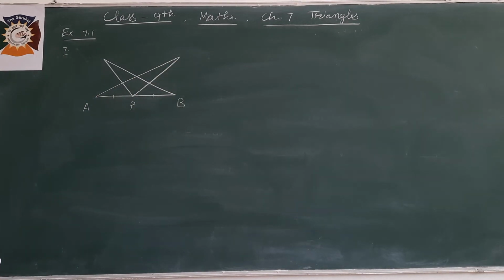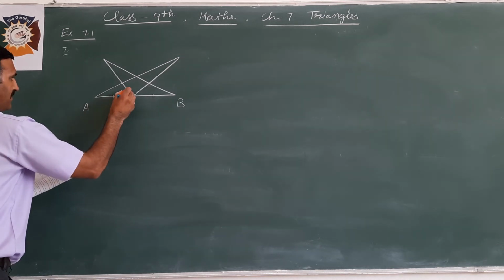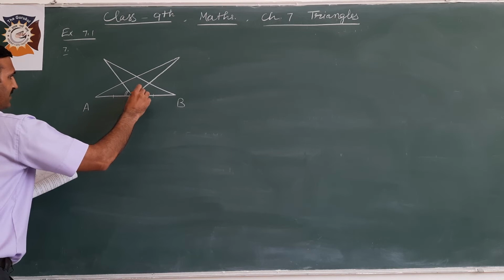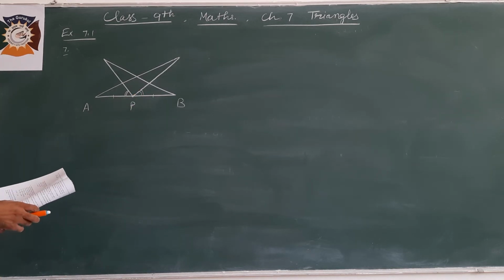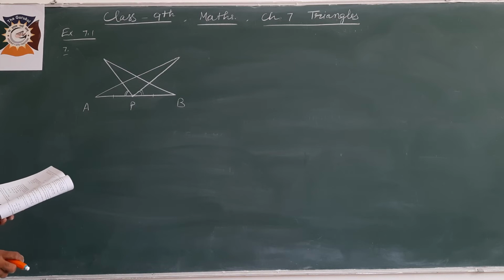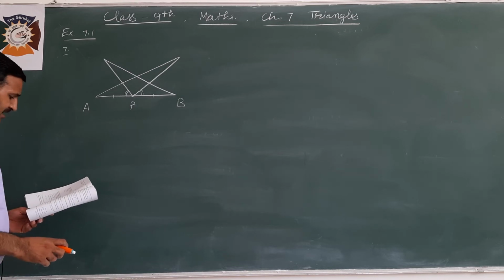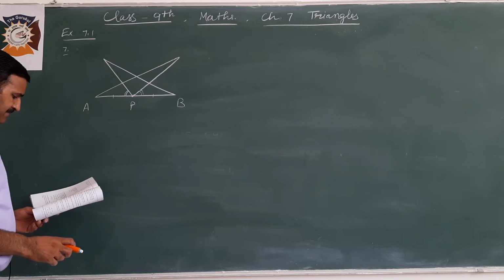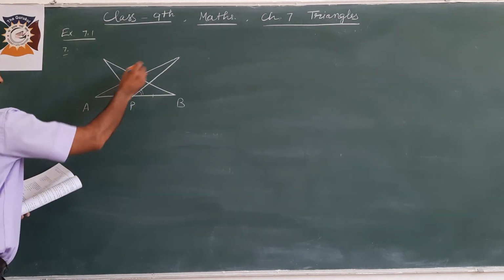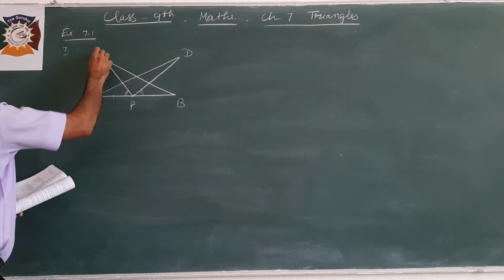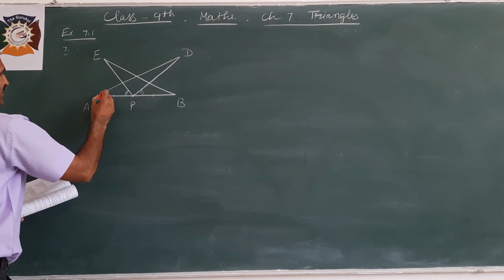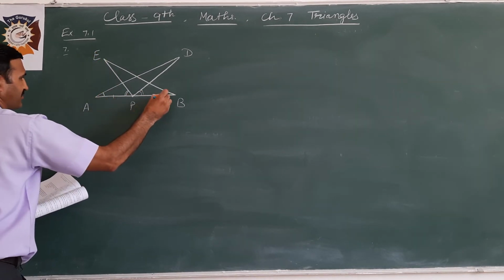This is like half star is given, and these two angles are equal. Angle BAD, this is point D, and this is E, ABE, both are equal. This angle is equal to this.